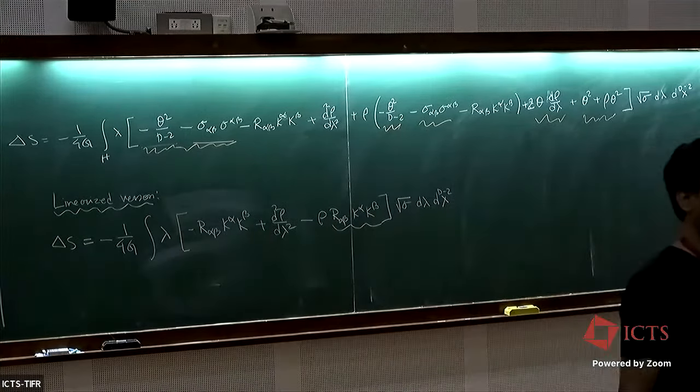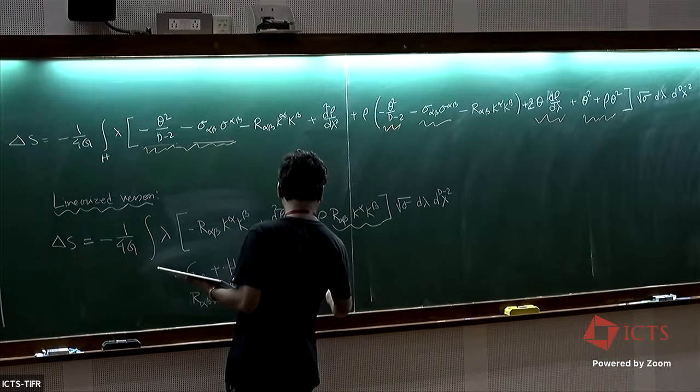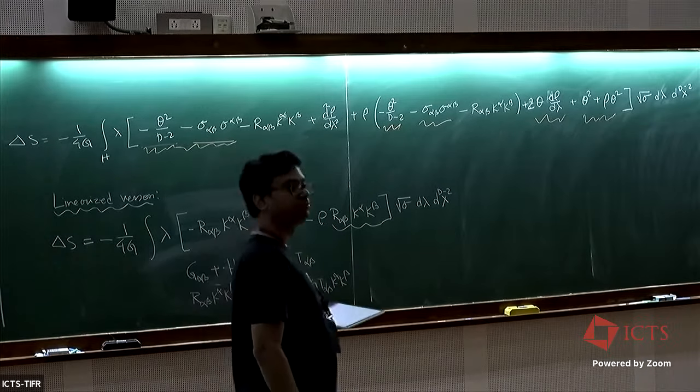Note that inside H alpha beta there are also terms proportional to small g alpha beta. They will not contribute when I take K alpha K beta. But I will always write H alpha beta, since I don't know it, so I just call it H alpha beta K alpha K beta. And this is 8 pi G T alpha beta K alpha K beta.